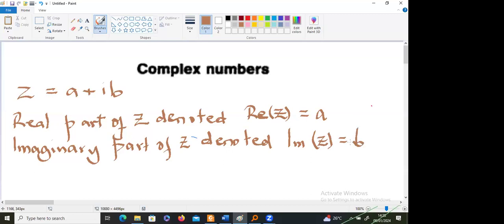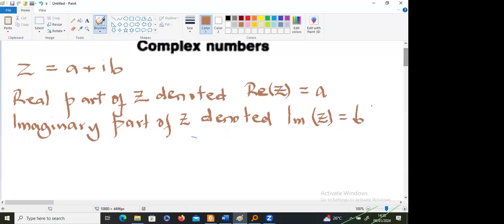So the real part of Z is the a, and the imaginary part is the b. The i is not part of the imaginary part, but it is the one that is showing us that b is the imaginary part of our complex number.